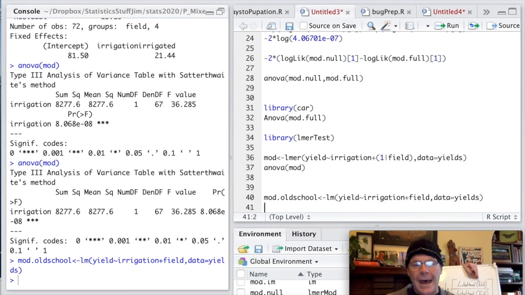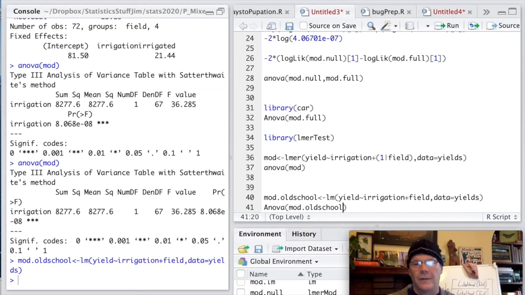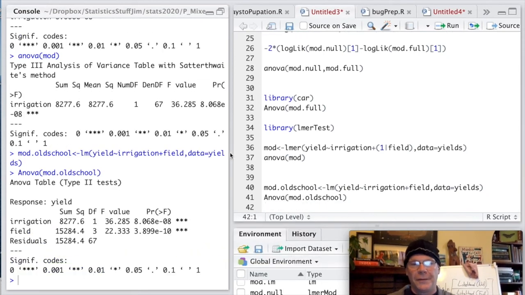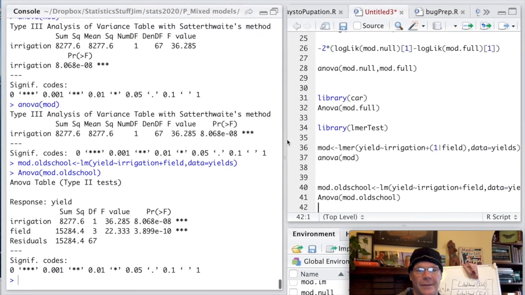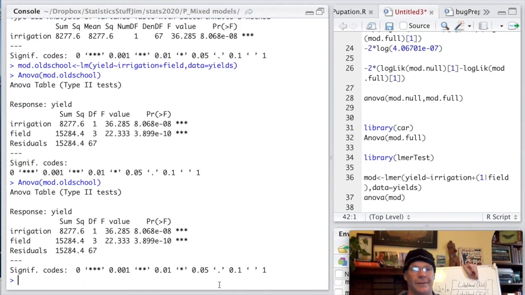With that, we still want to do marginal sums of squares. But this is the type of output we would get way back in those days, which is just to put it in there as a fixed effect.